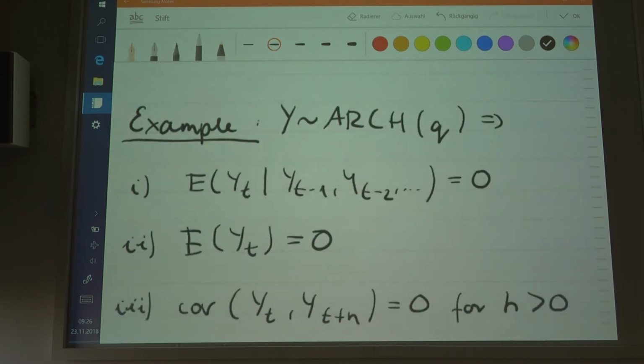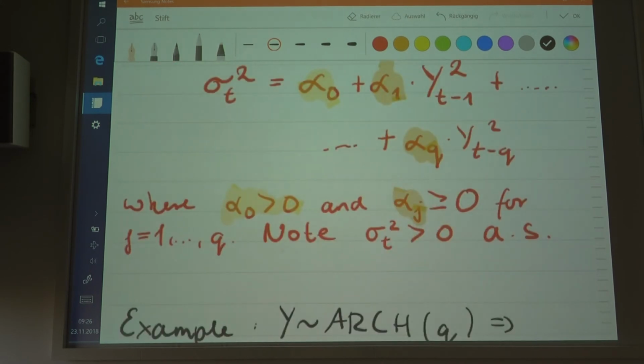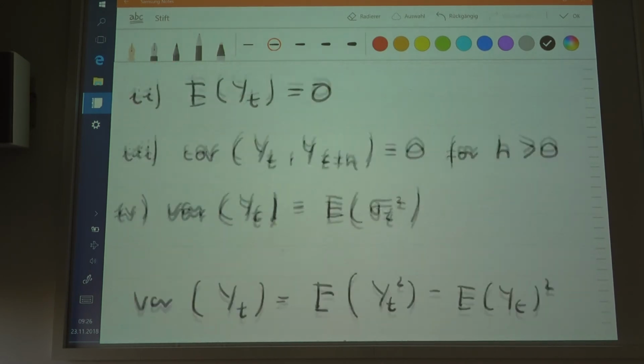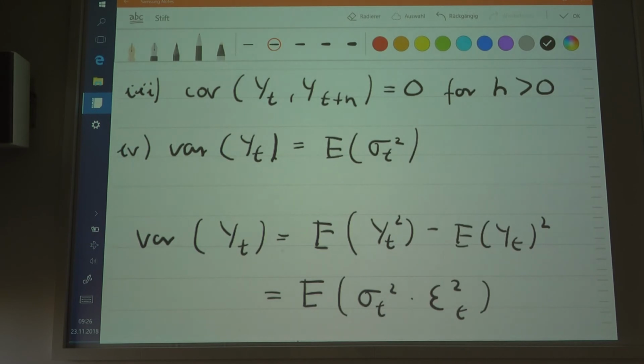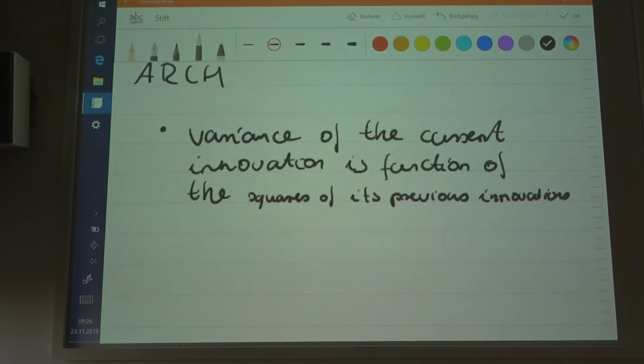Obviously, the expectation of that is a function of its previous innovations, and this is captured in time series in finance, which attempt to exhibit time-dependent volatility clustering. So this is very important here: we have volatility clustering.